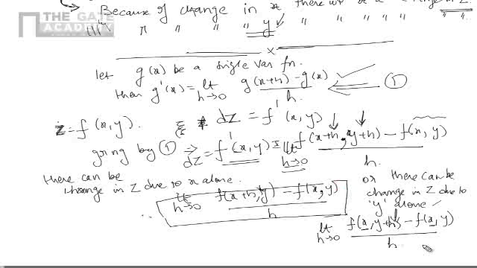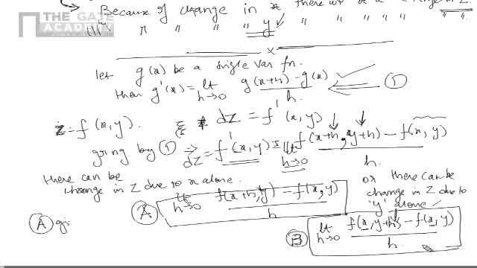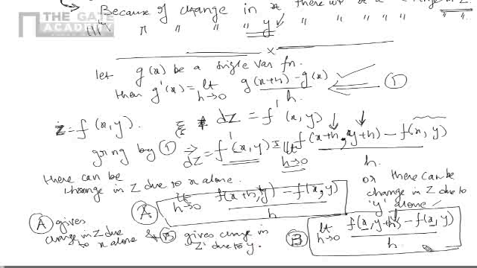If I box this and call this as a, and box this one as b, a gives change in z due to x alone, and b gives change in z due to y alone.